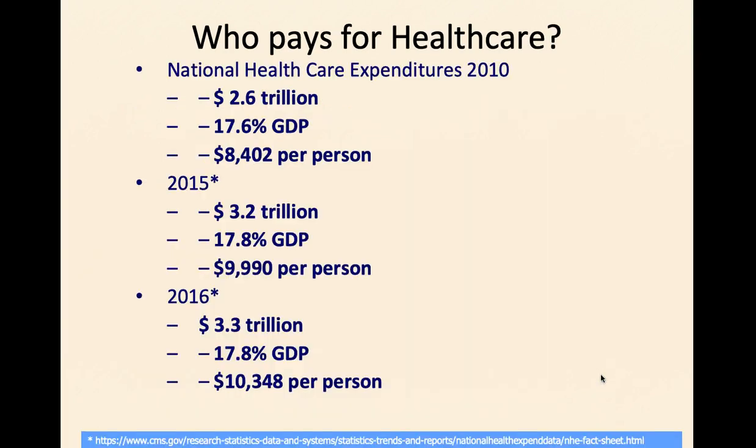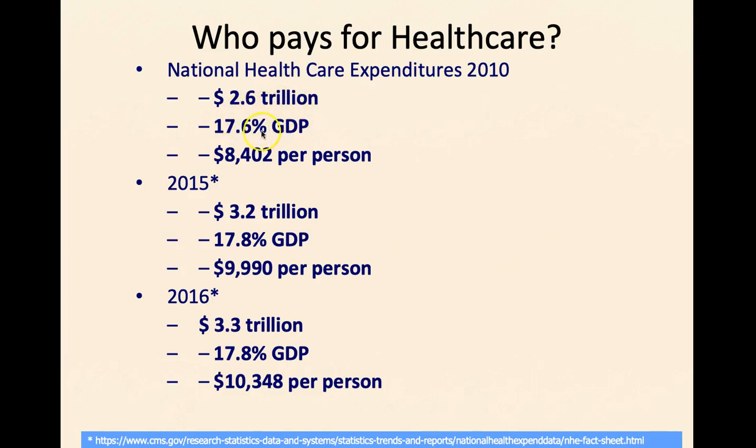Let's look at the national healthcare expenditures in 3 time periods. Up here is when the Affordable Care Act, or Obamacare, was enacted. So the total cost of care, healthcare expenditure, was 2.6 trillion US dollars.